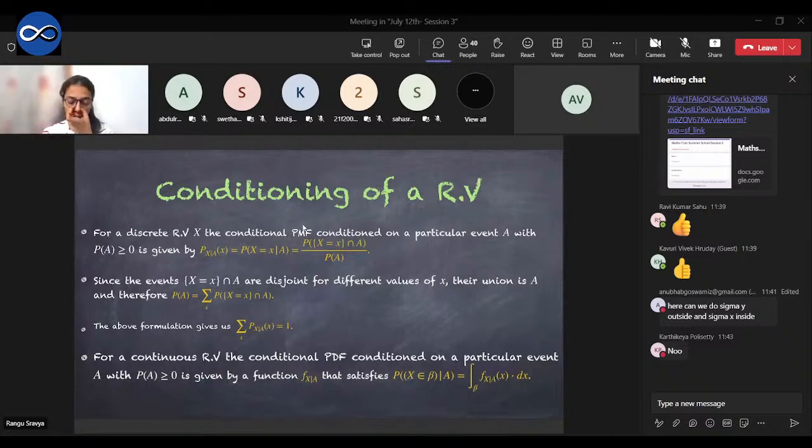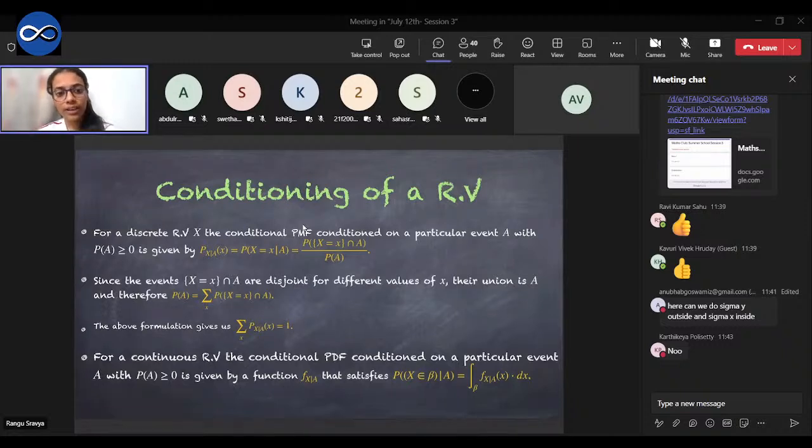So if B is the event X equal to x, just replace it by X equal to x. You'll get the required formula for this discrete random variable: P of X equal to x intersection A by P of A. This is nothing but the conditional PMF of X, which is P of X given A.